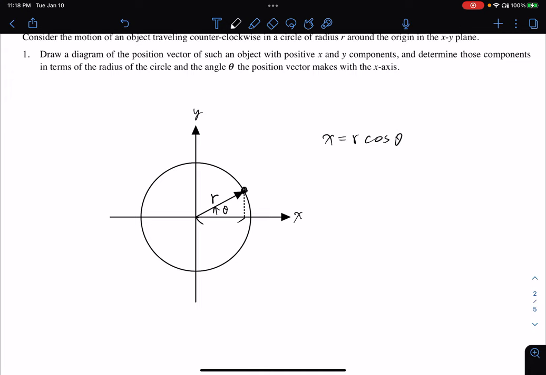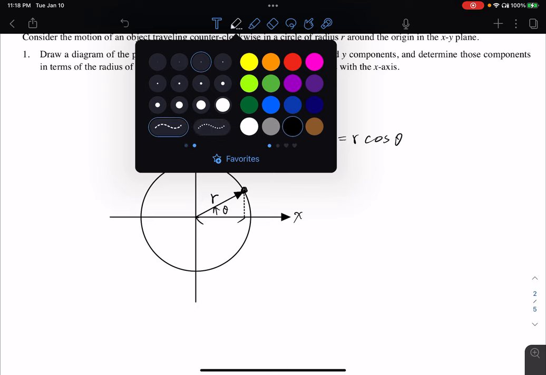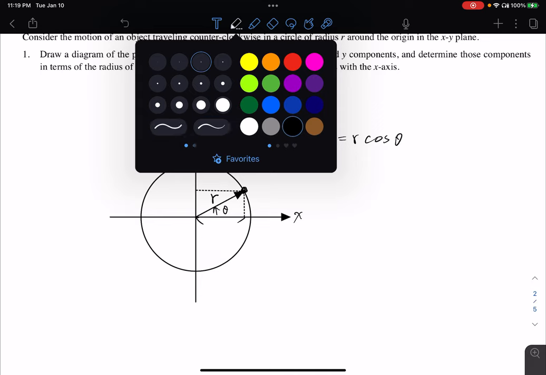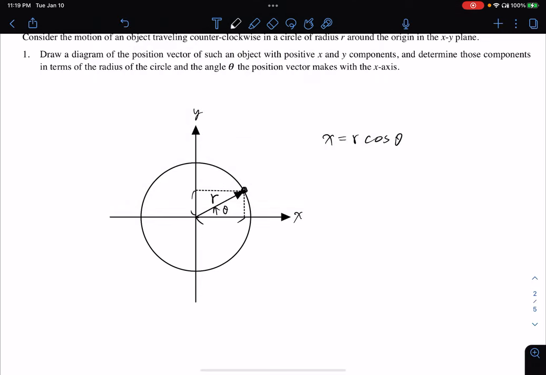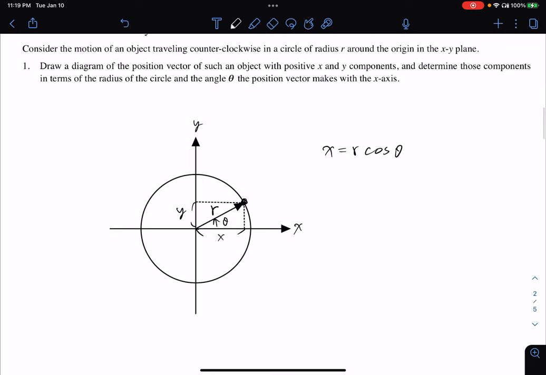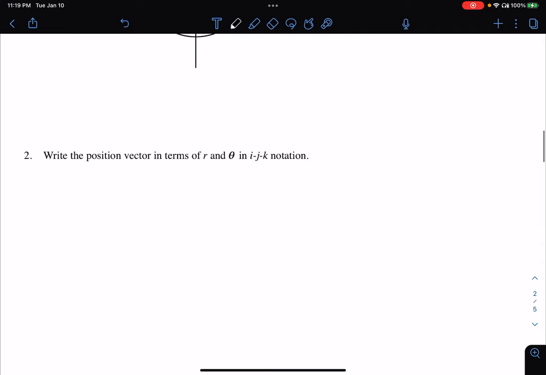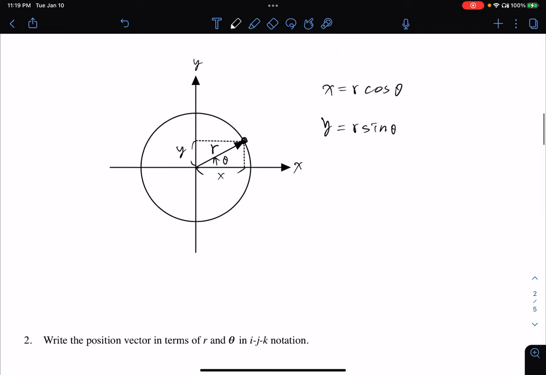Similarly, if you look at the projection of this vector onto the y-axis, the length over here will be the y position of this particle. Therefore, the y position of this particle will be r times the sine of this angle theta. So we can write the vector now in terms of the ijk notation.